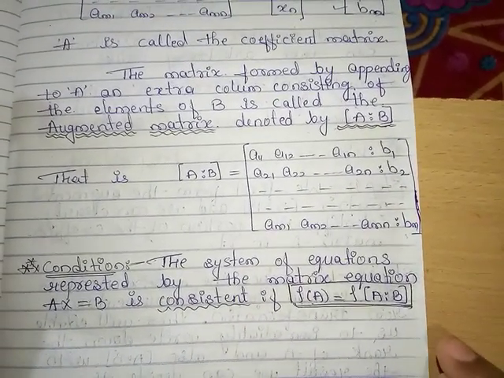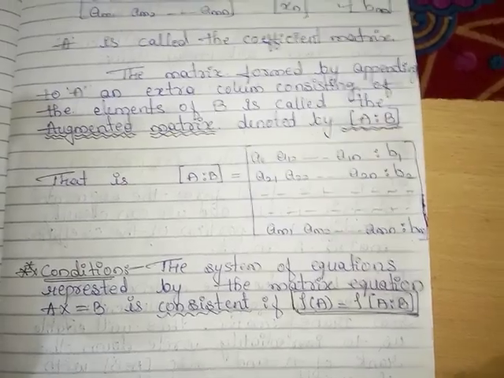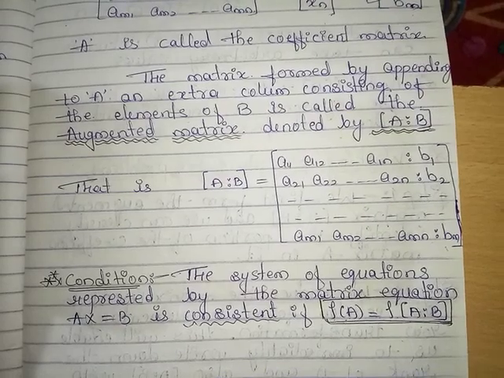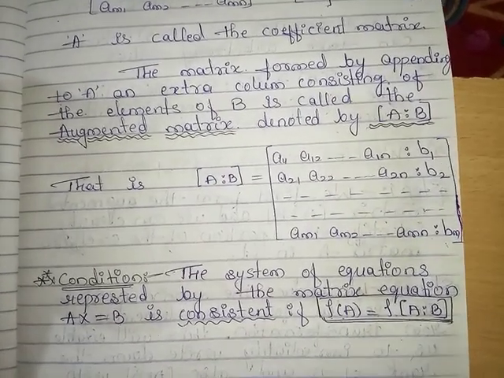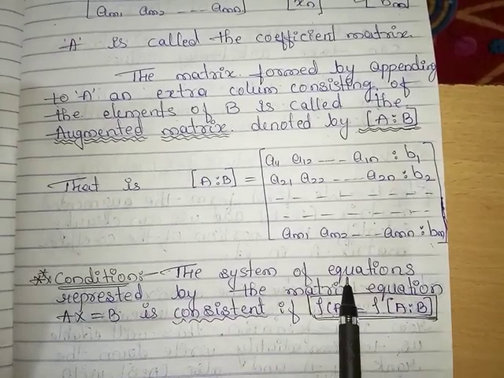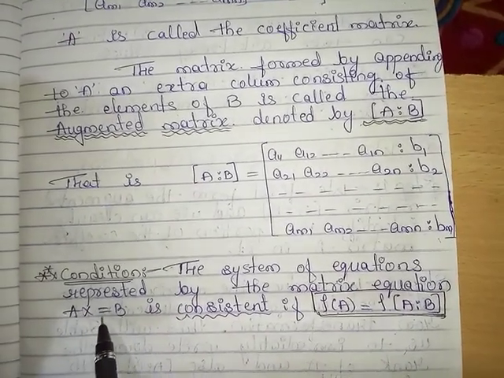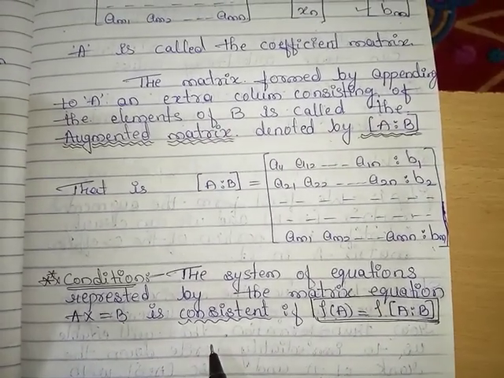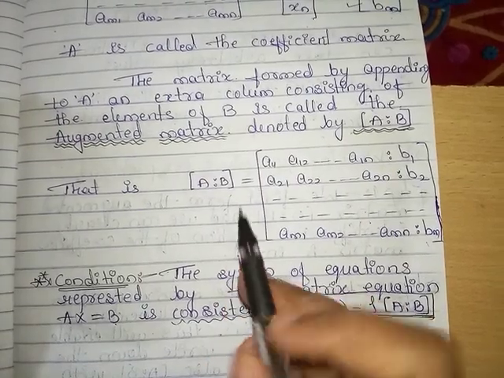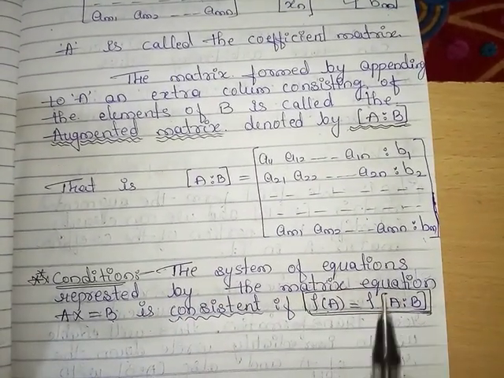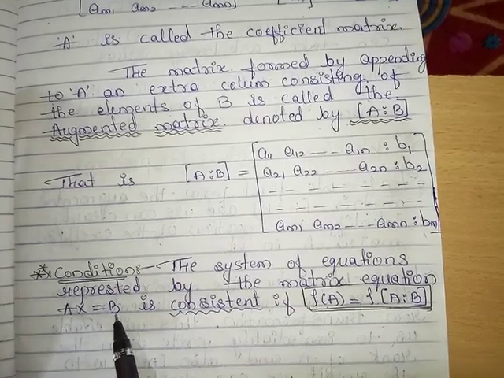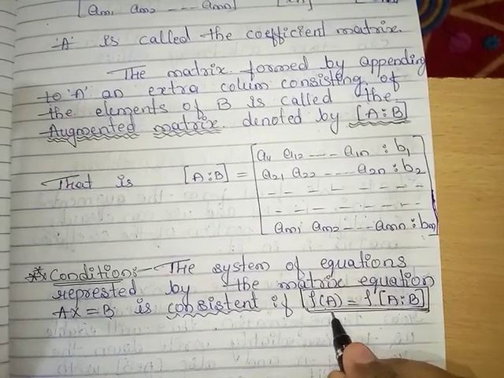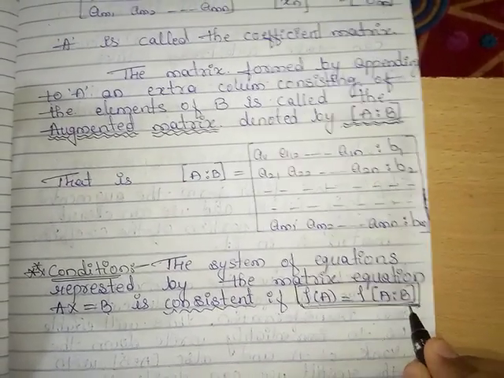In matrix theory, how do we identify consistency and inconsistency? You have to first represent the given system of linear equations in the matrix equation, that is Ax = B. Before that, you have to write the augmented matrix, which is formed by the elements of A and the elements of B, and you have to find the rank of A and the rank of this augmented matrix.